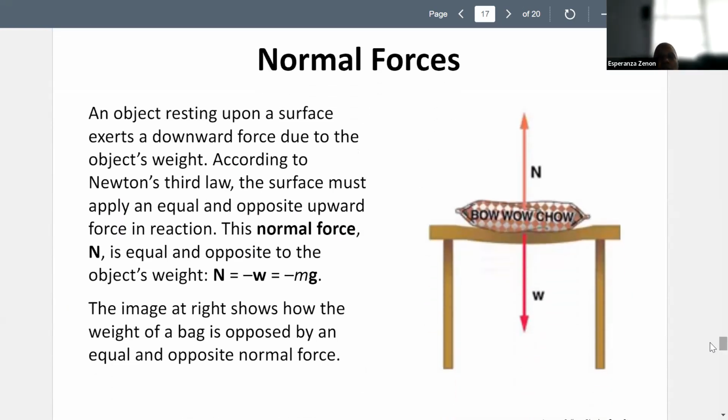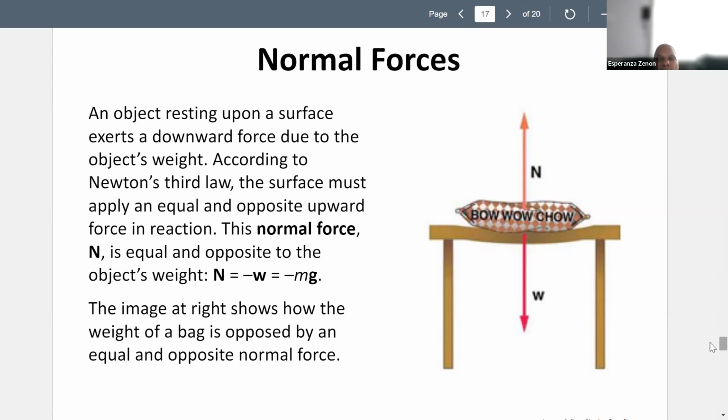So here's a visual regarding normal force. You see we have the bag of dog food sitting on the table. That bag is being pulled on by gravity, because that's what weight means, right? Weight is the pull of gravity on an object. So we have weight pulling down.